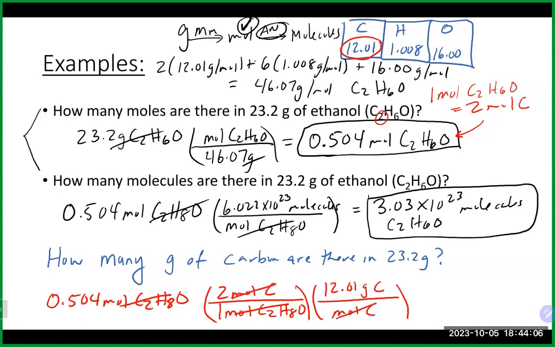And in this case, we'll go here with the rounded number, 0.504 times 2 times 12.01, going to give us 12.1 grams of carbon in this particular compound. About 50% carbon, so that's about right. Any questions on any of those calculations there?